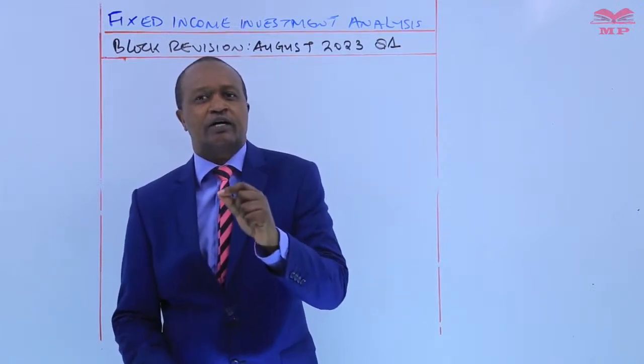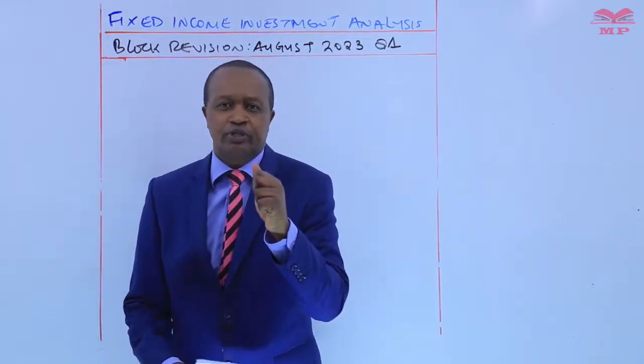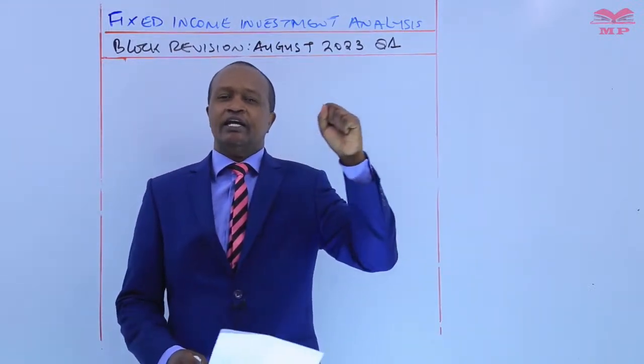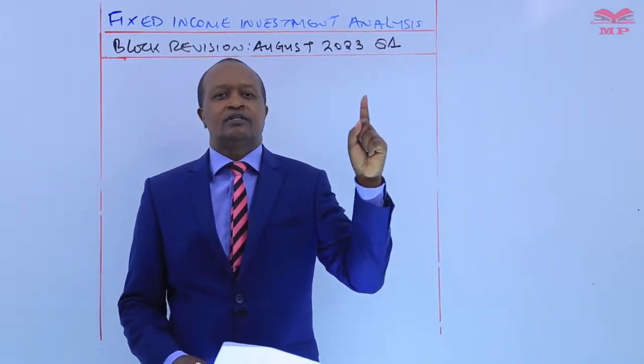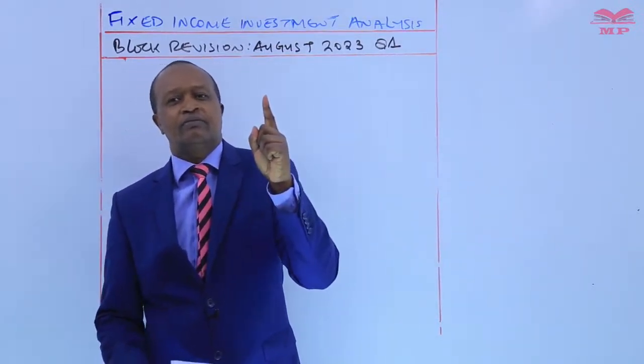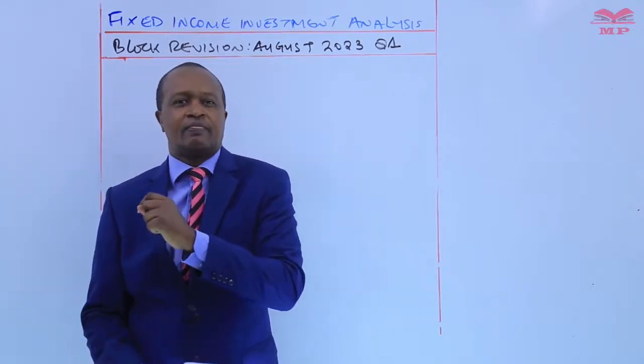Dual currency bonds are bonds where the coupon payment and the principal repayment are denominated in one currency, but the payments are done in another currency.